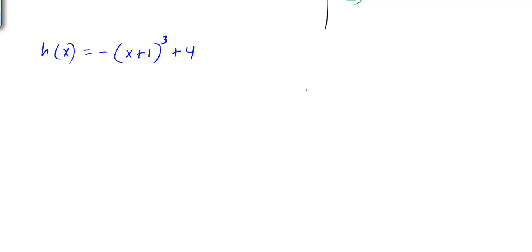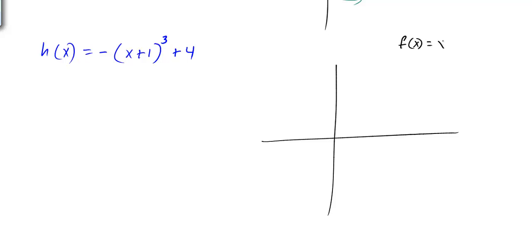Now we know that, because this is cubed, our parent function is x cubed. So our starting point is f of x equals x cubed. And I'm just going to try to roughly graph this in. It's going to look something like this. That's our x cubed graph.